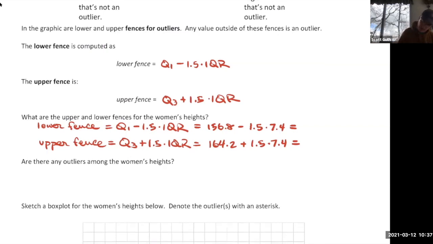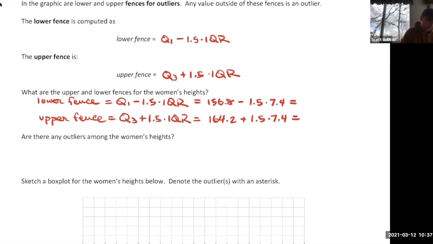Anybody get a lower fence? Or an upper fence?